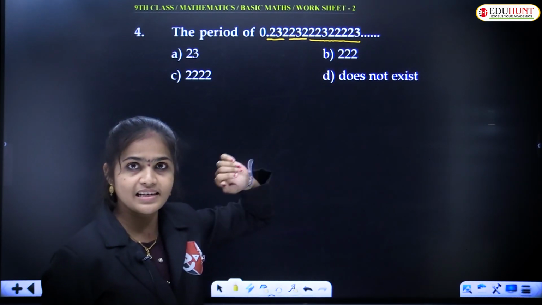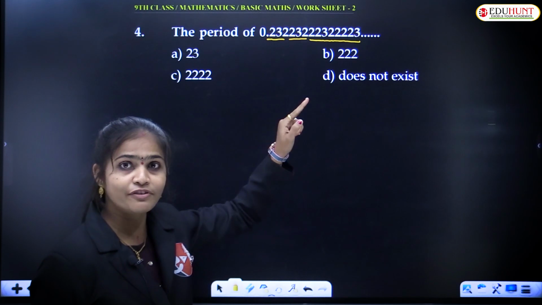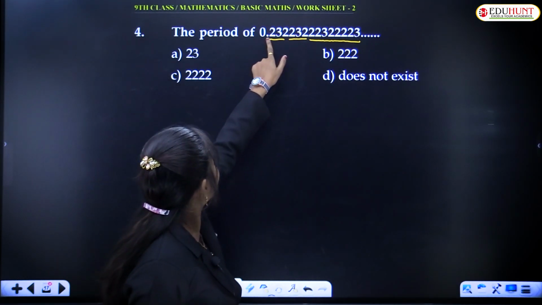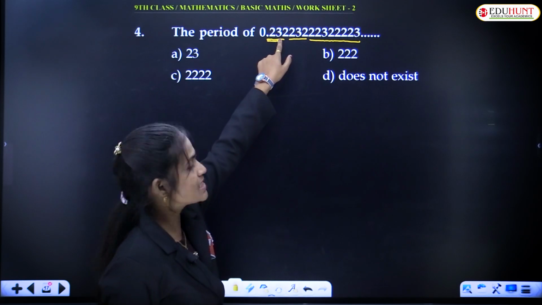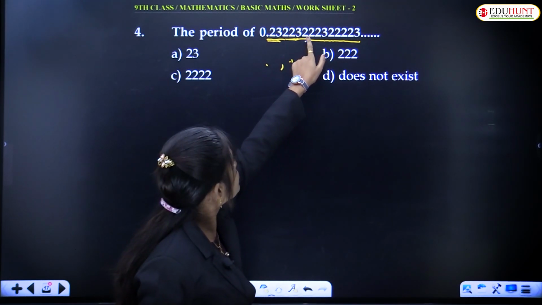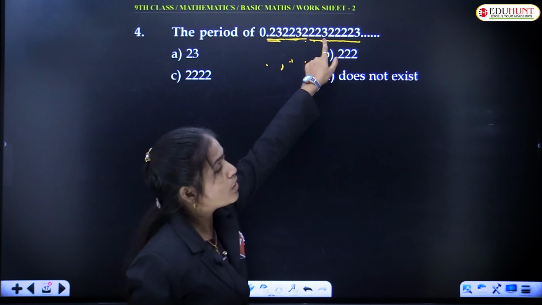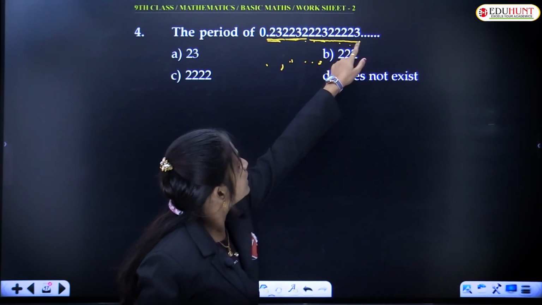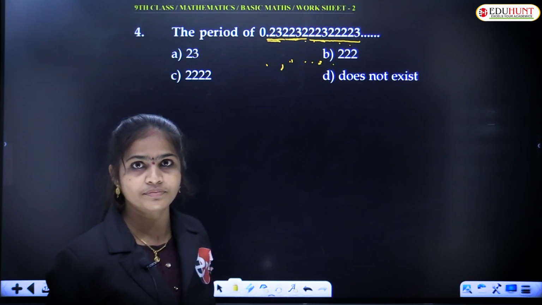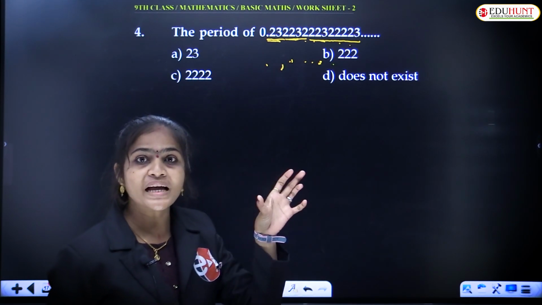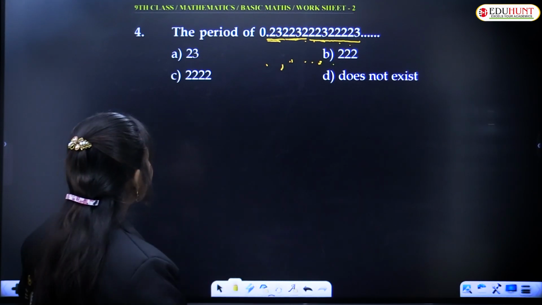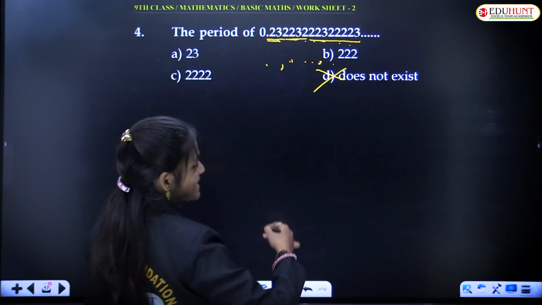Yes, 2, 3 is in repetition, but there is a difference in the number of times it repeats. Take 23, then 223, then 2223, then 22223. The number of 2's is in increasing order, so the same particular number does not repeat. So that's why the period does not exist.